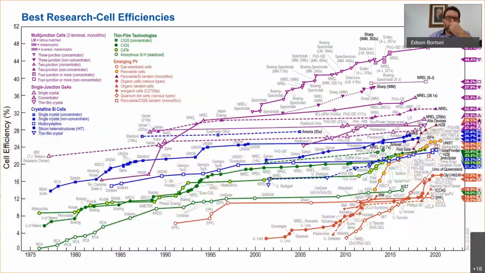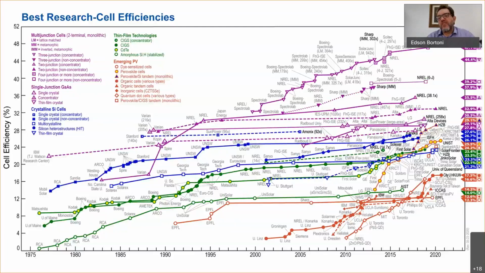Here is a graph obtained from NREL. NREL stands for National Renewable Energy Laboratory from the United States. So you can look for NREL on the web and internet. If you type NREL chart, you can have this one.